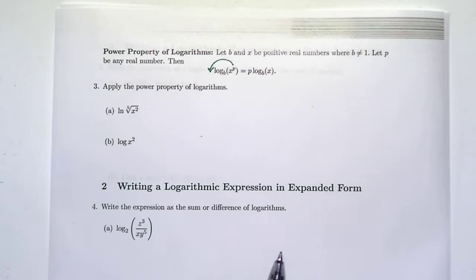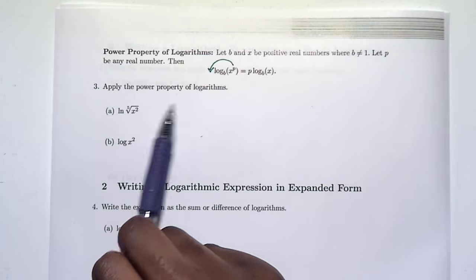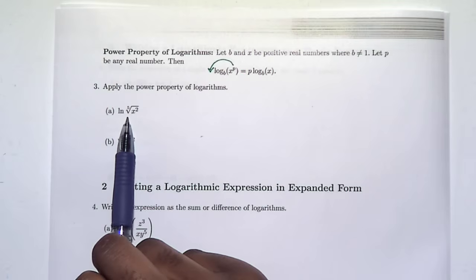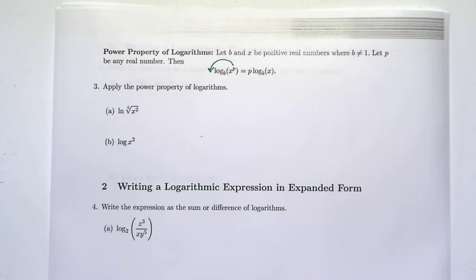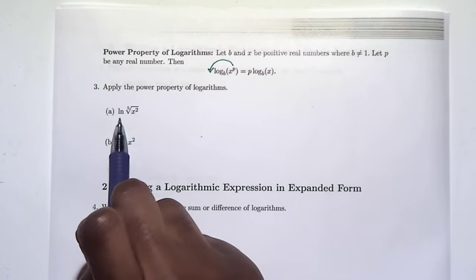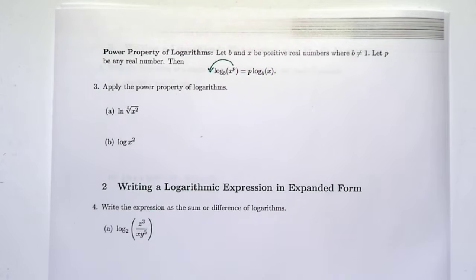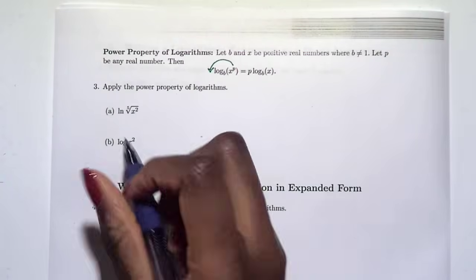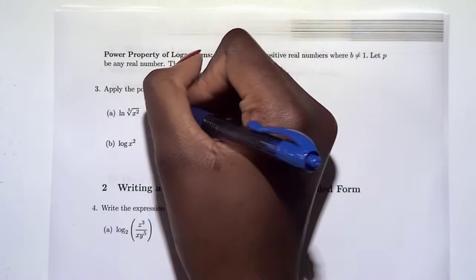All right, so let's look at the first problem. Apply the power property of log. So we have the natural log of the fifth root of x squared. All right, so we want to use the power property. However, we have this root, but we know we can rewrite roots as powers, so as exponents. So let's rewrite this fifth root as raised to the 1/5.